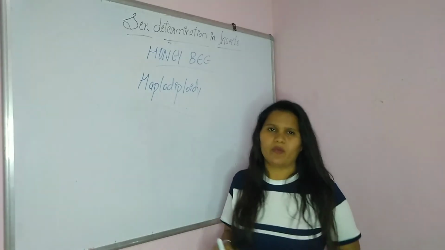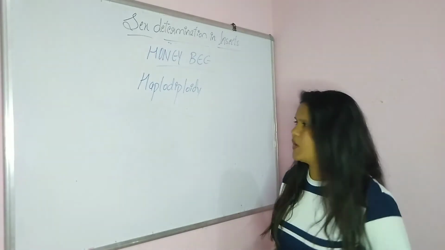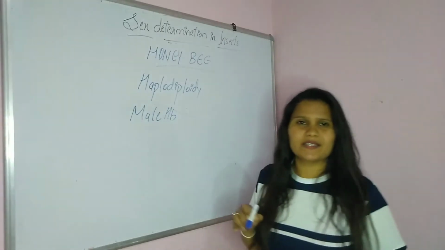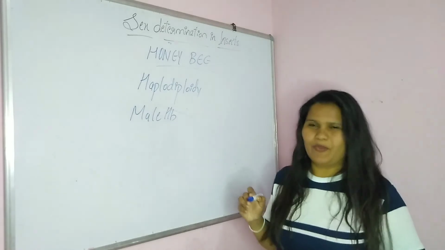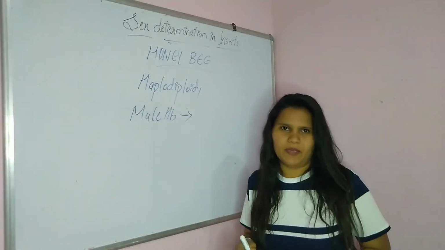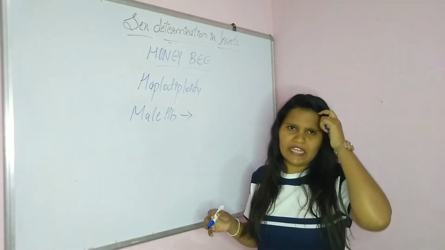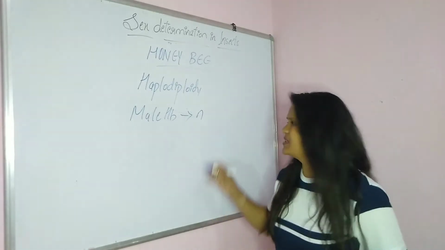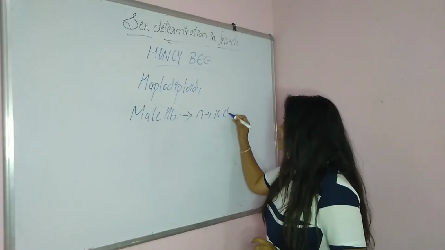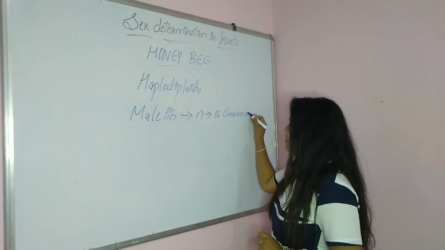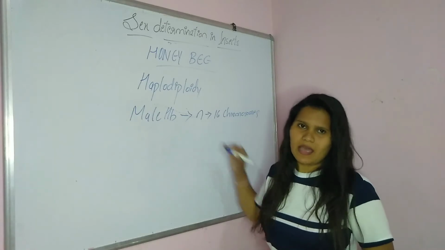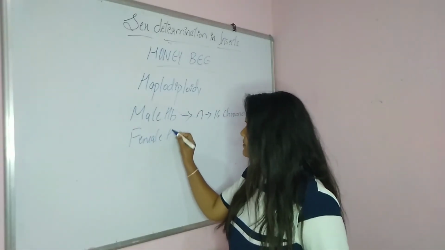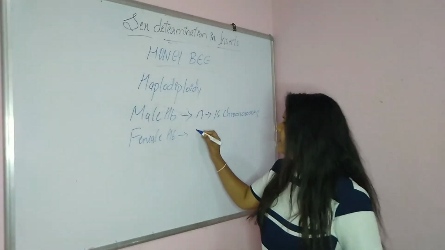Haplodiploid. Why it is called as the haplodiploid is because the male honeybees, HB in the sense not hemoglobin, it is the honeybee, okay. In case of male honeybee, he will be having the haploid chromosomes. In the sense he will be having the 16 chromosomes, okay, because he is the haploid. But in case of female honeybee, she will be diploid.